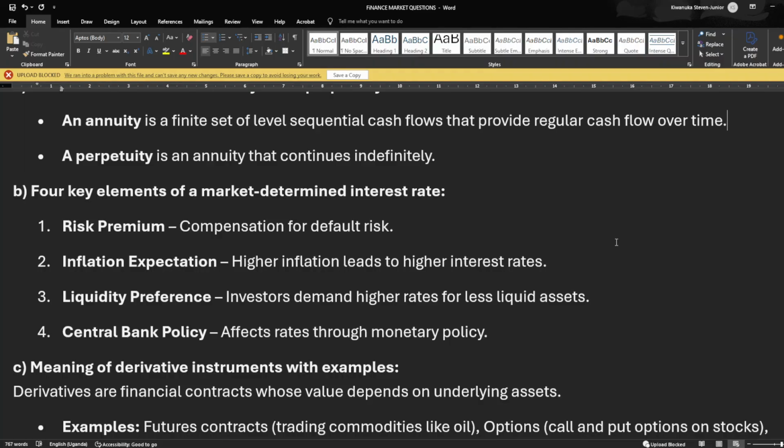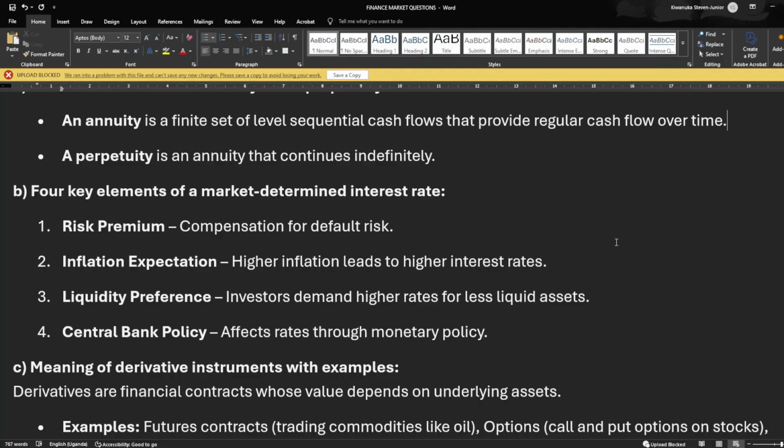Then liquidity preference. Investors demand higher rates for less liquid assets, those assets which cannot easily be converted into cash form.